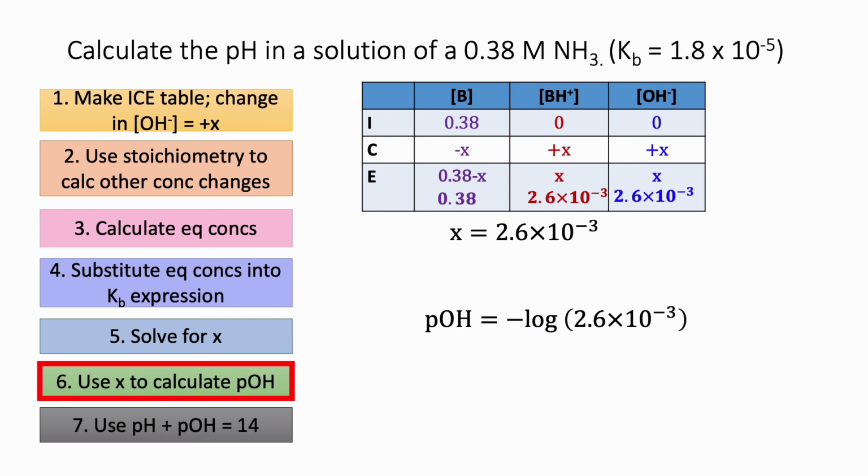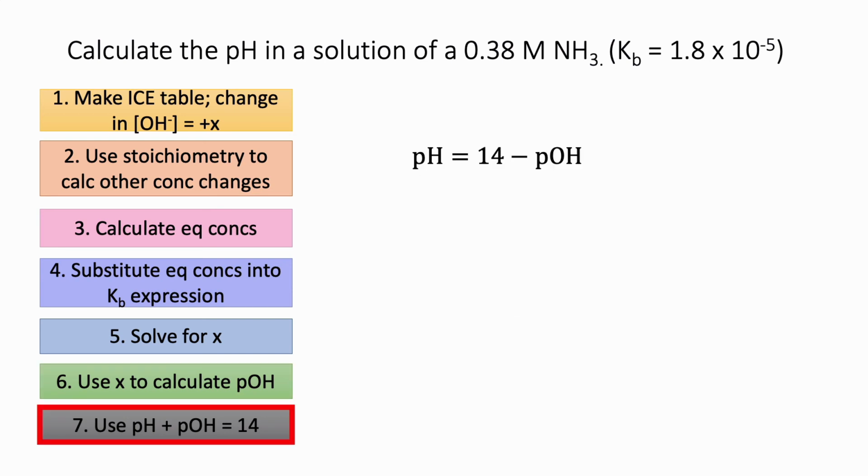So we know that we could use the shortcut values, and now we can calculate our pOH, feeling safe that our OH minus concentration is actually 2.6 times 10 to the minus third. So it's going to be the negative log of that concentration, which gives us 2.58 for our pOH. But the problem doesn't ask for our pOH, it asks for our pH. And so now we need to go on to step 7, where we use the relationship pH plus pOH equals 14.